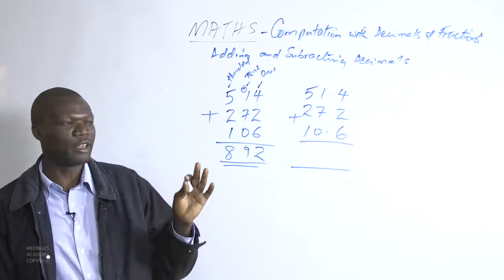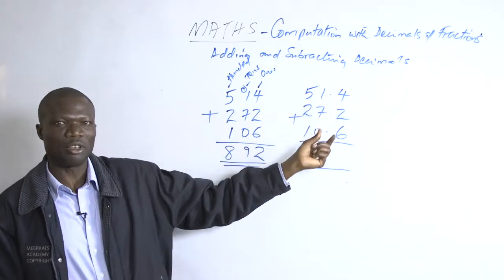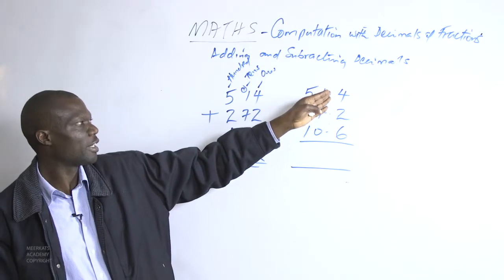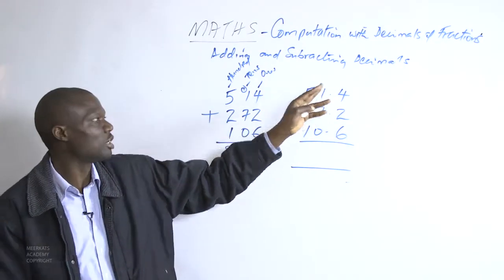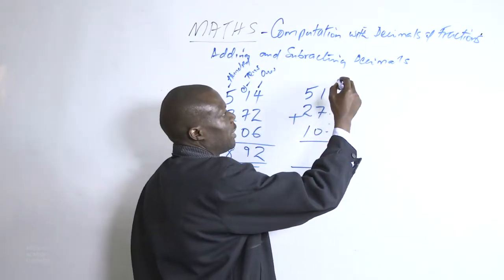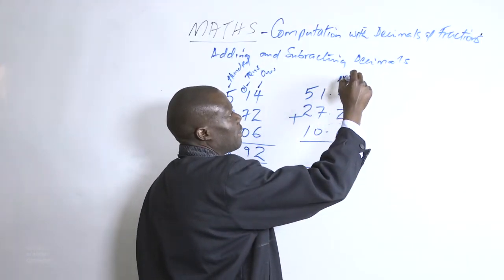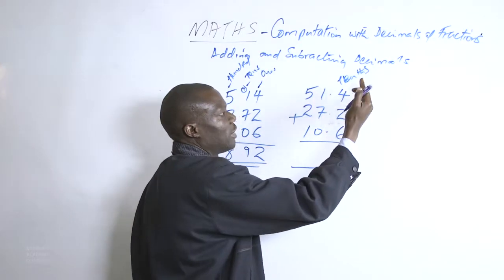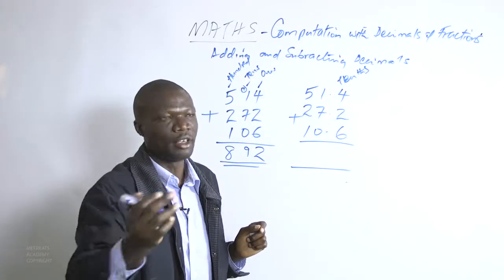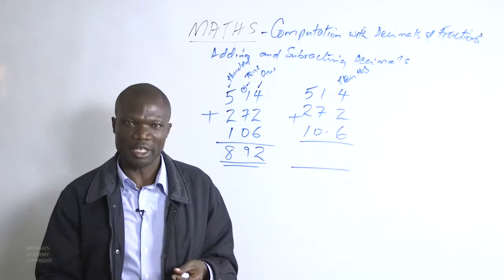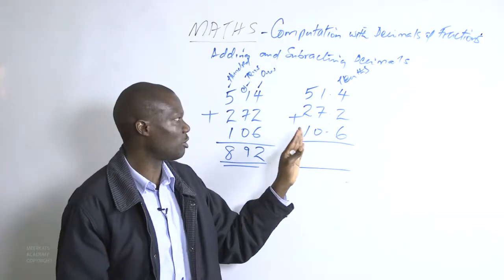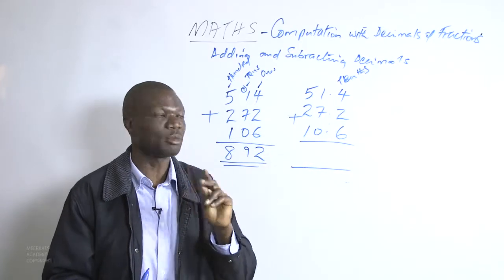Take note that the decimal place values are read from the immediate digit after the decimal point. So this is what we call the tenths, then the hundredths, and so on. Here we shall add from the decimal side. That's where we start from. We don't start from the whole number side, but from the decimal side.